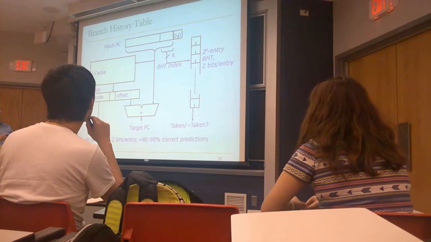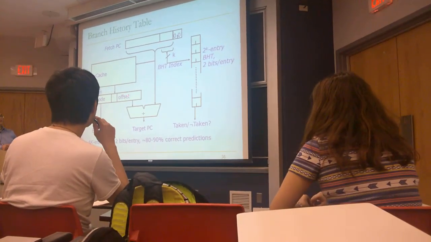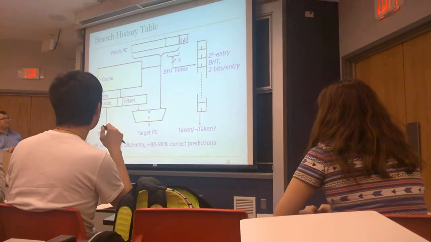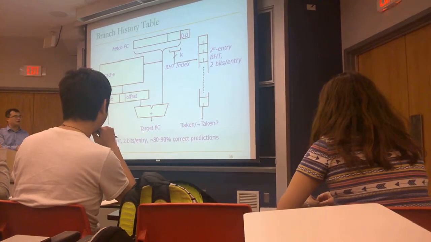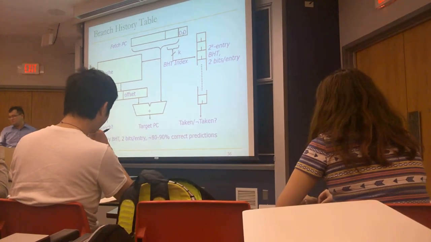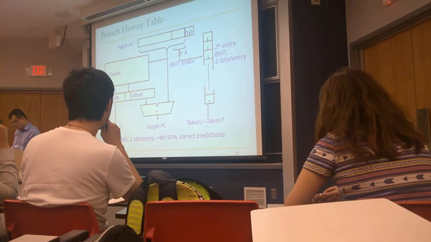It means we have to fetch the instruction, extract the offset, and then add the offset to the current PC value to get the target PC. So we can look at a very concrete example.